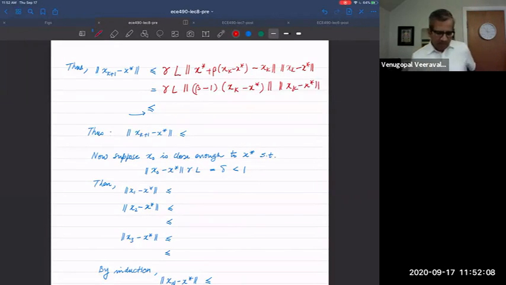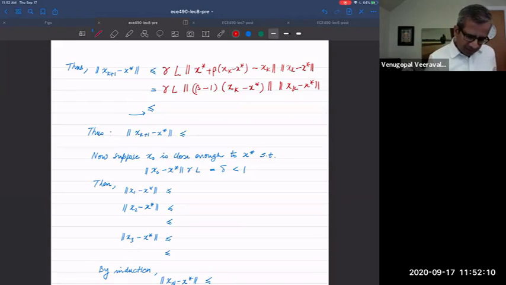But beta is some number between 0 and 1, so I can upper bound this by gamma times L times the norm of xk minus x star squared.